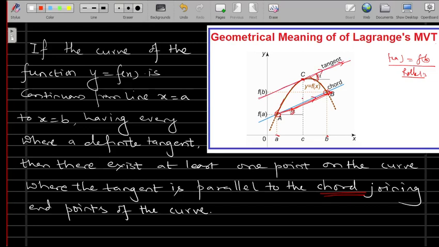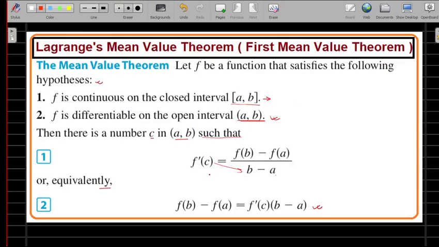So here I have mentioned f dash c equal to f of b minus f of a by b minus a. We can verify in this way: f dash c is the slope of the tangent, and this is the two-point formula, y2 minus y1 by x2 minus x1. So their slopes are equal.